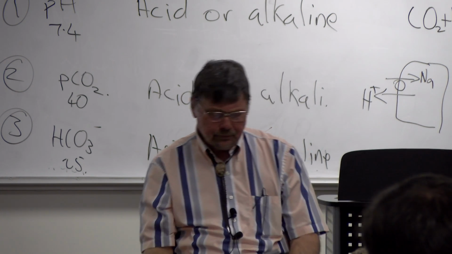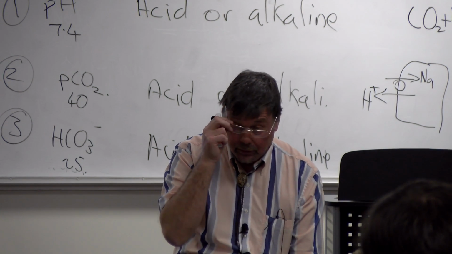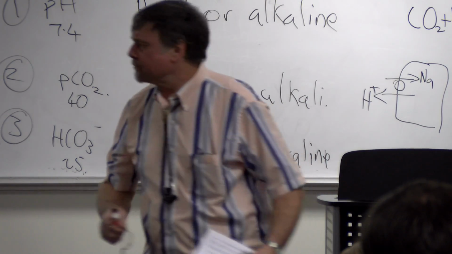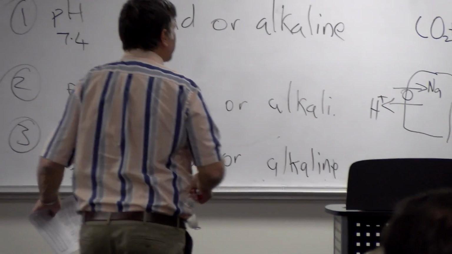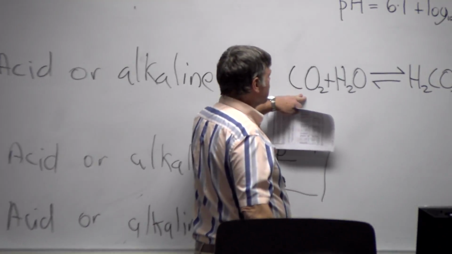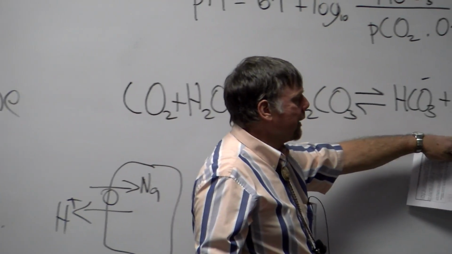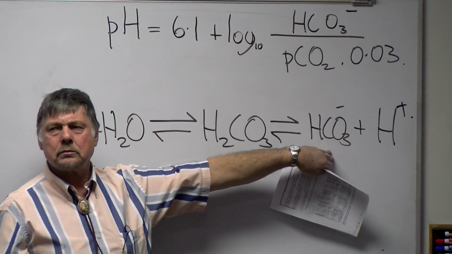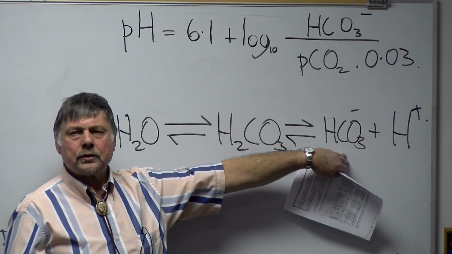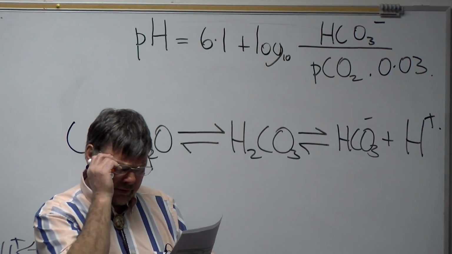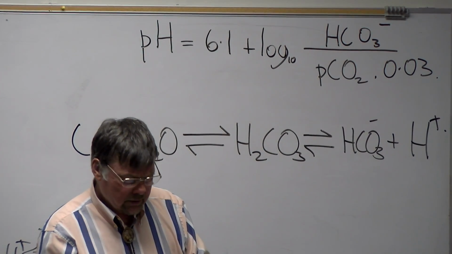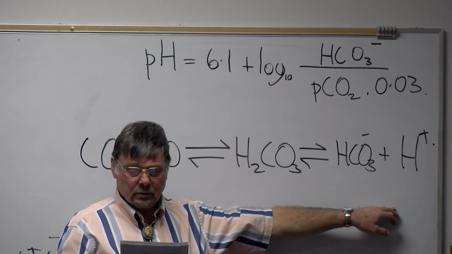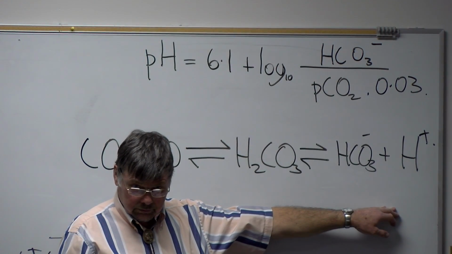Okay, so we know we have a respiratory acidosis. My question is, if I've got a respiratory acidosis and it's going in this direction to make acid, how much do I expect the bicarbonate to go up? Is that bicarbonate of 27.9 just due to the fact that I've accumulated CO2, or is there a metabolic component to it too?